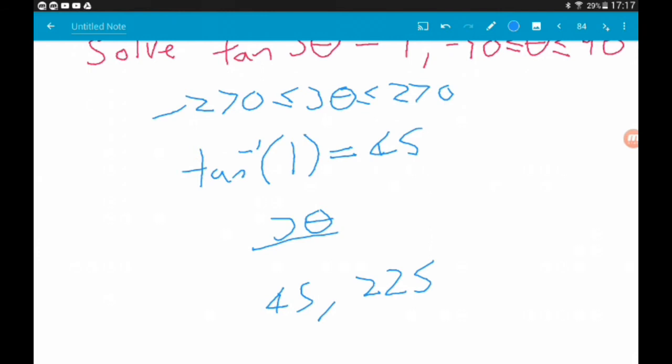If we add 180 again, we're going to be above 270, so out of the region that we're allowed. We're now going to have to do 45 minus 180, which is minus 135. Again, if we were to subtract another 180, we would be outside of our limit. So these are the 3 values that 3 theta can be.